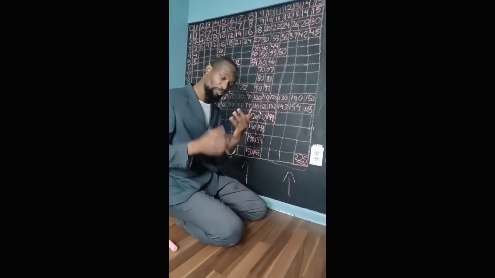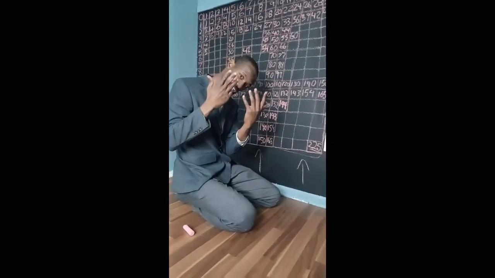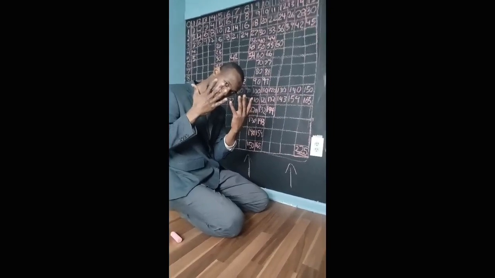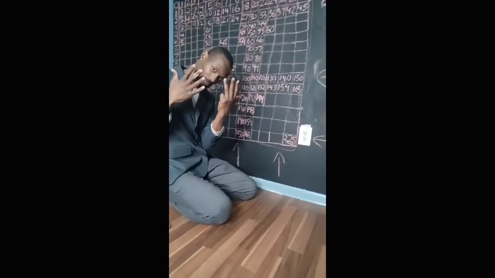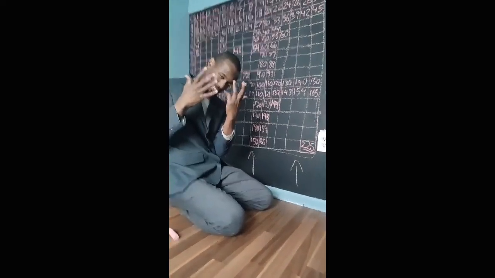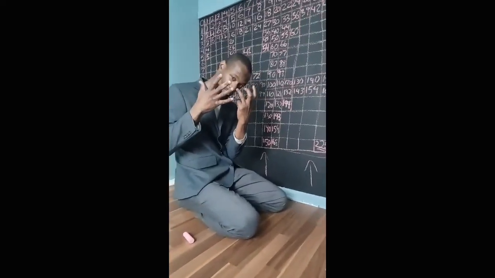Just the reverse is going to be 54, okay? Because you're switching to the other hand. So the 4 becomes a 5, and the 5 becomes a 4. So you just switch it around. 6 times 9 is 54.